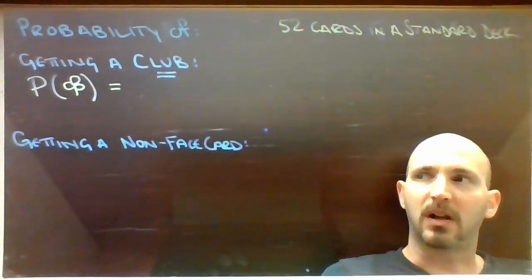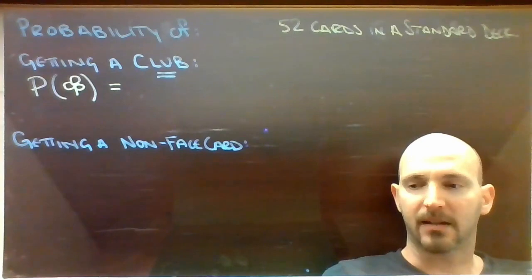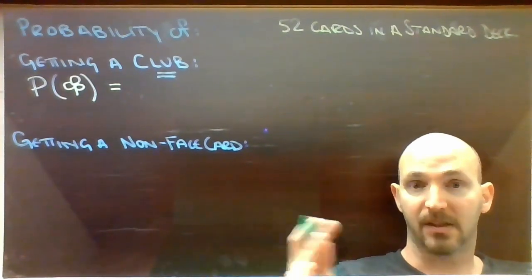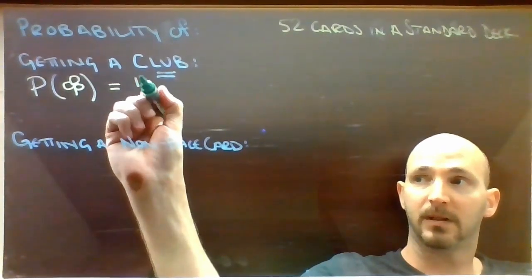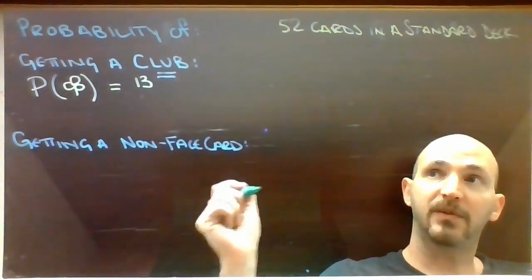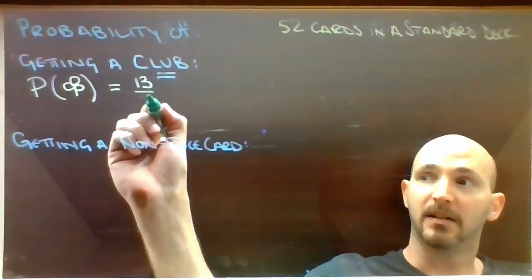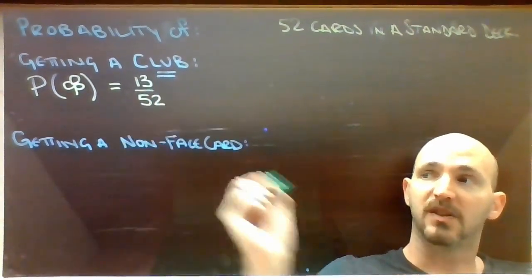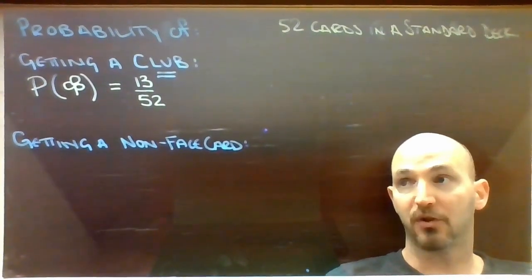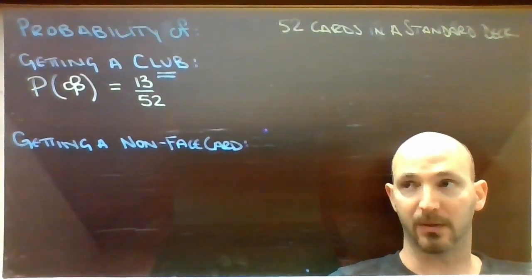So if you think about clubs, in a standard deck there are 13 clubs, ace through king, and there are 52 cards in a standard deck.